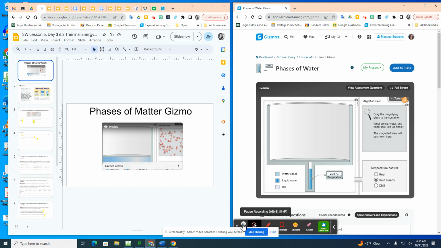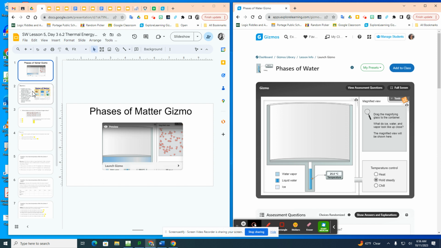And we did find out in our whiteboard modeling, we came to an agreement that temperature has something to do with these changes, either a gain of energy or a loss of energy. So this gizmo will show us what happens when we add heat to a system, or if we remove heat from the system, what's going to happen.